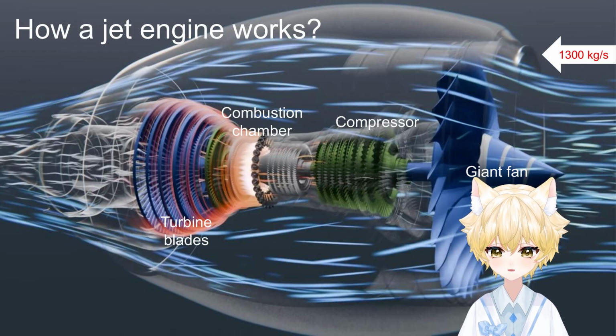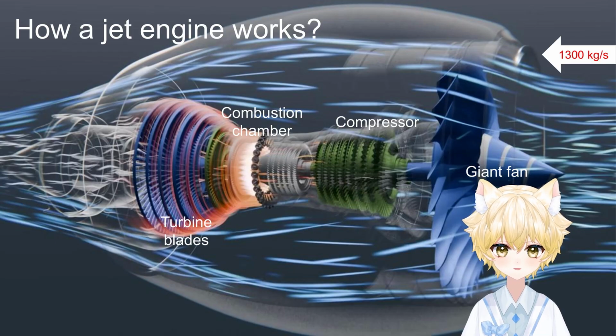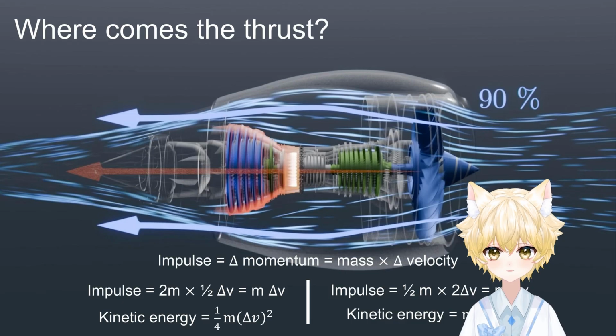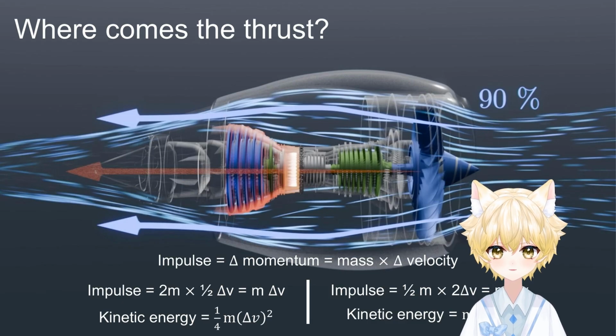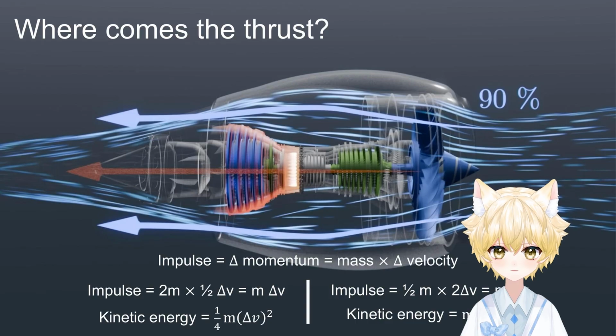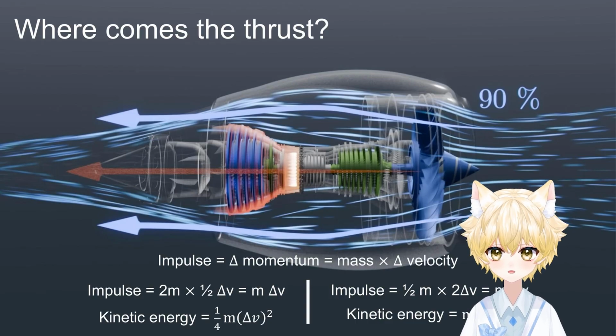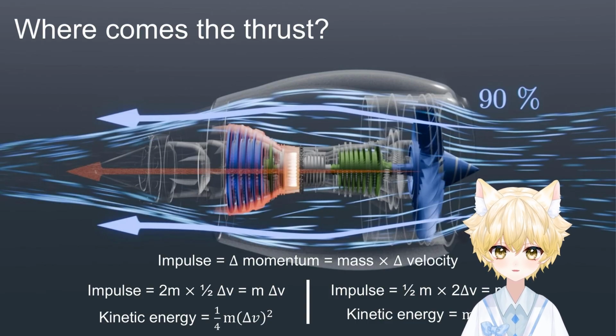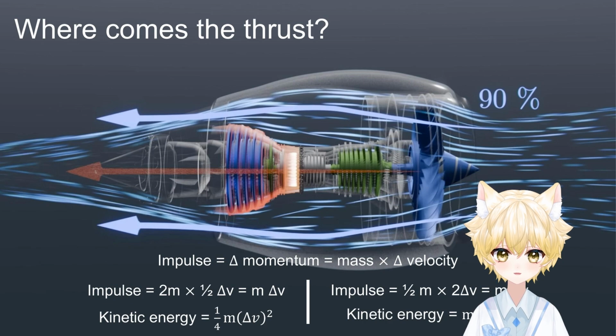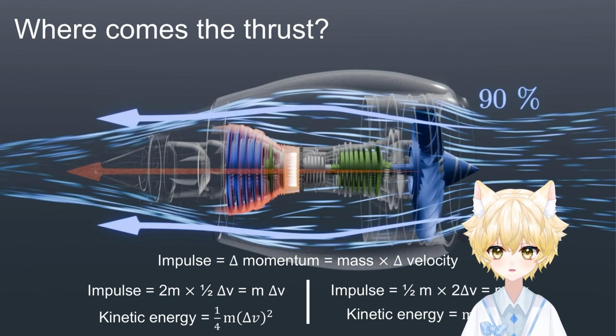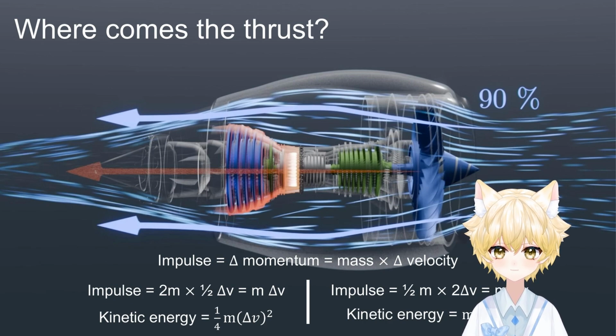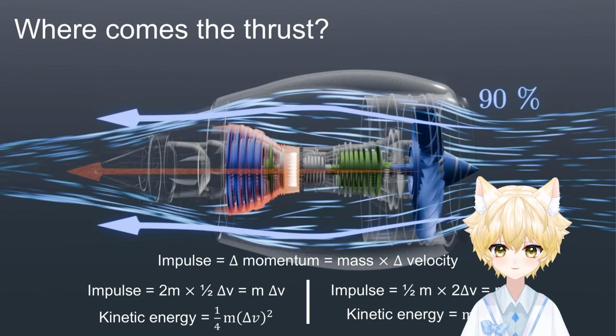As the hot exhaust gas is shot out the back of the engine, it pushes the engine forward. That generates thrust. But did you know that in a modern passenger jet, this accounts for less than 20% of the thrust of the engine? The vast majority of the thrust just comes from that big fan at the front of the jet. Remember how only 10% of the incoming air gets compressed?